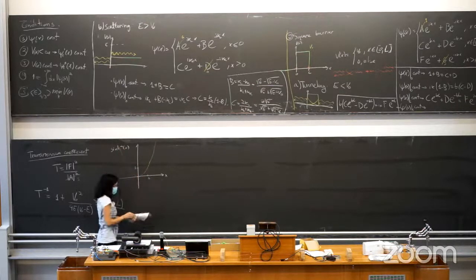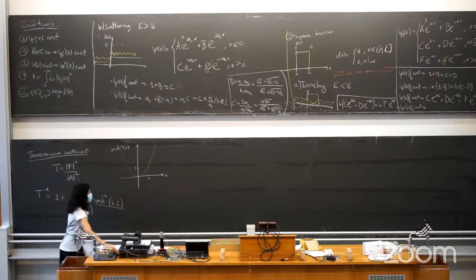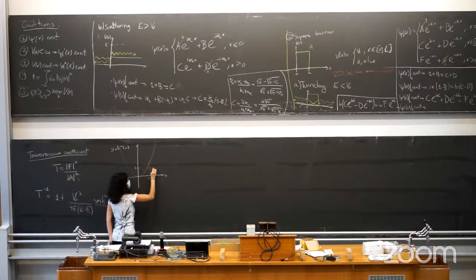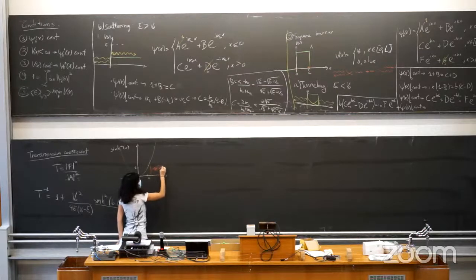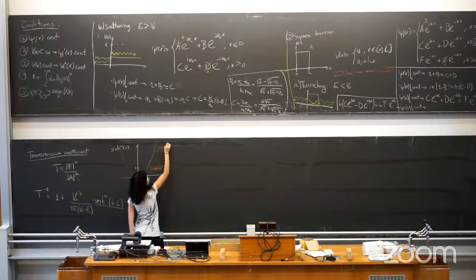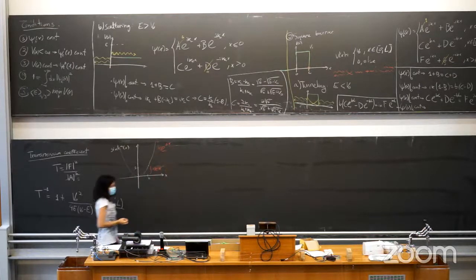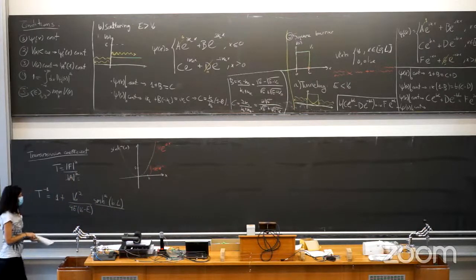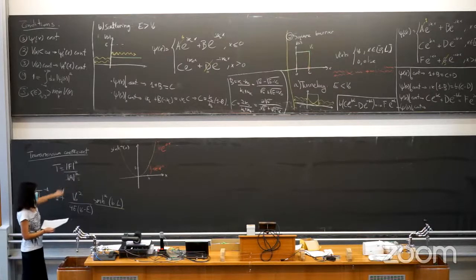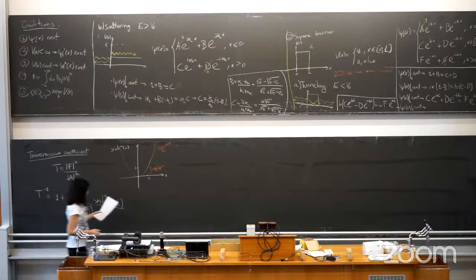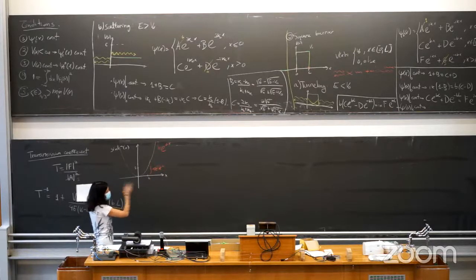By which I mean that in this zone, it looks more or less like x squared, and for large x, it looks a bit more like some exponential function. The nice thing is that these are things that you can verify experimentally. You shoot 1,000 particles and see how many of them arrive on the other side.